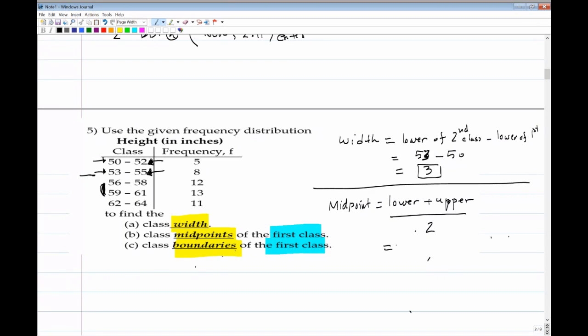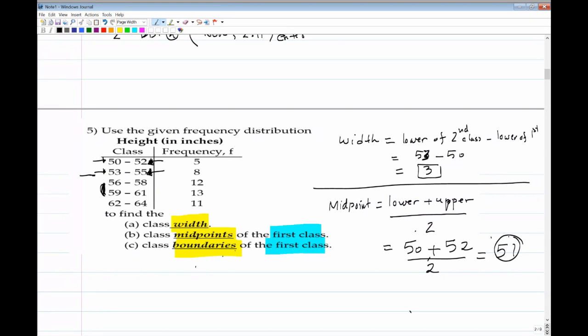So we're looking at the first class. We have 50. What do we have for the upper class? We have 52. And we divide that by 2. We end up with 51. That will be the midpoint of the class.